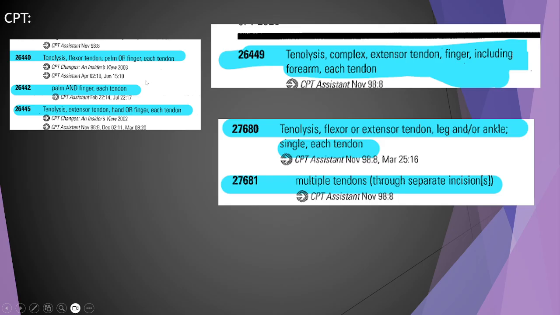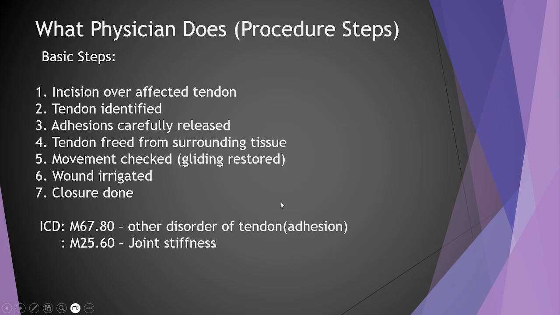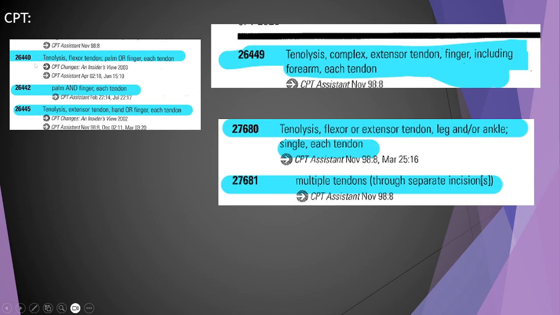So this is a CPT code for tenolysis, that is tendon adhesion removal. So 26440, that is tenolysis of the flexor tendon. You can see that now we have to identify the location: finger, ankle, and after identifying the location, we have to check whether it is flexor or extensor.